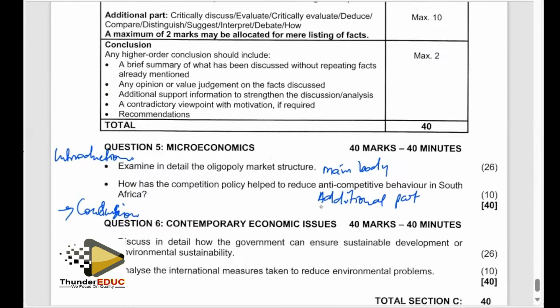So now let's check non-price competition. So non-price competition can be through advertising, packaging, after sales, and also services. So now price competition can actually result in destructive price wars. So now oligopolies normally prefer to compete on a different basis.